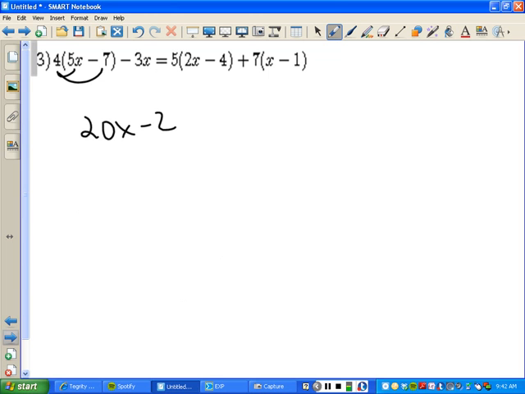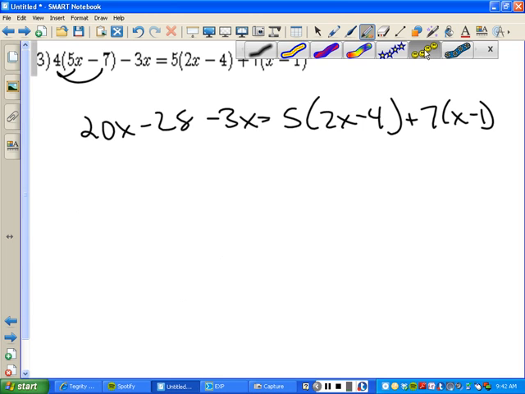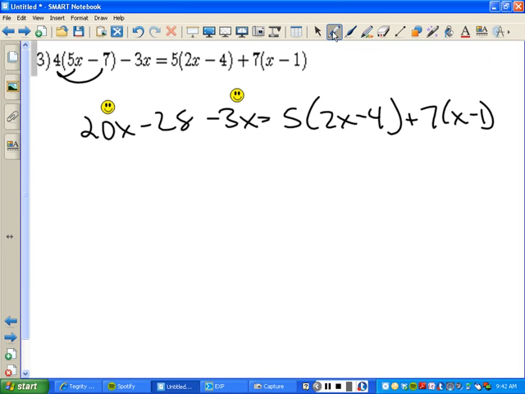20x minus 28 minus 3x equals 5(2x minus 4) plus 7x minus 1. Okay. Got to combine like terms? 17x minus 28. Who needs PAL when you have smiley faces?